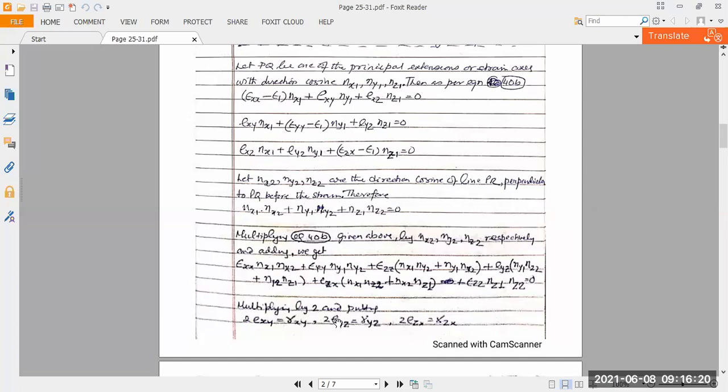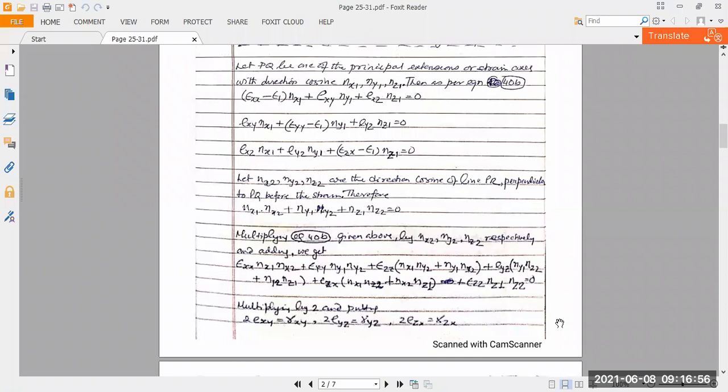Then multiplying by 2 and putting 2exy equal to gamma xy, 2eyz equal to gamma yz, and 2ezx equal to gamma zx, because we know that along the principal axis the maximum value of shear strain is exactly half of the corresponding tensile strain in any plane or in any angular axis itself.